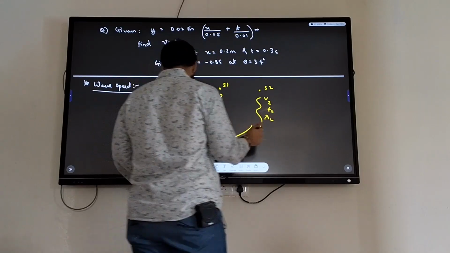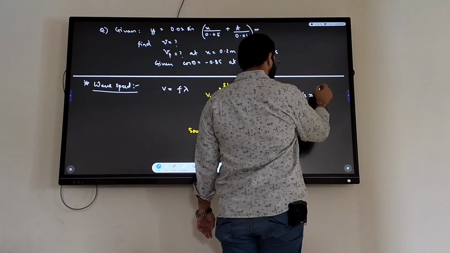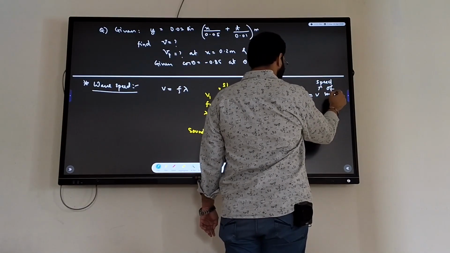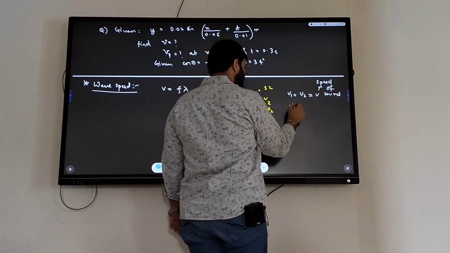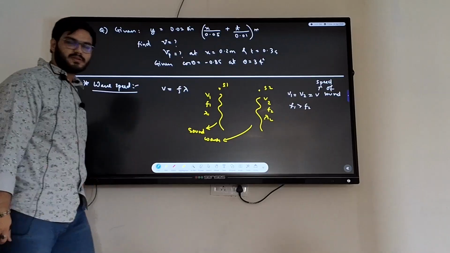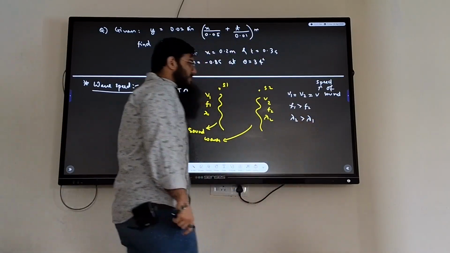What are the relations? That v1 is equal to v2, that's the speed of sound. But f1 is greater than f2. Then what will be the relation between lambda 1 and lambda 2? Lambda 2 is greater than lambda 1.